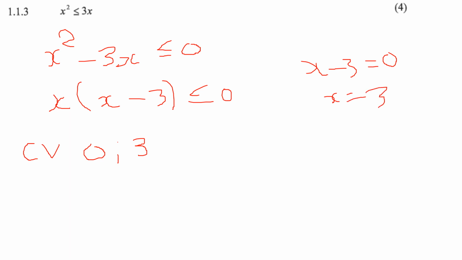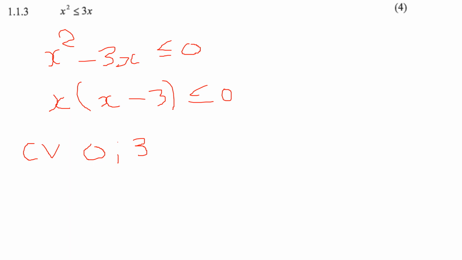So these values, 0 and 3, will be the values of x that you solved normally. But now these values are not your actual answers in this case. They are just your critical values, your most important points that you're going to give reference to when you determine the values of this inequality.